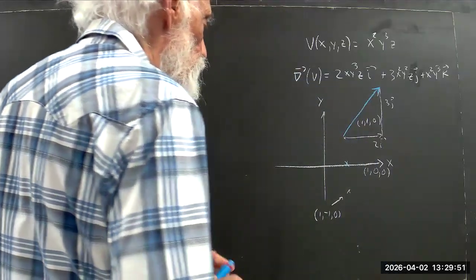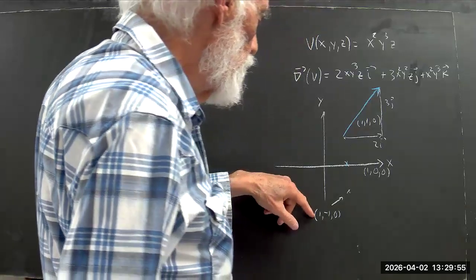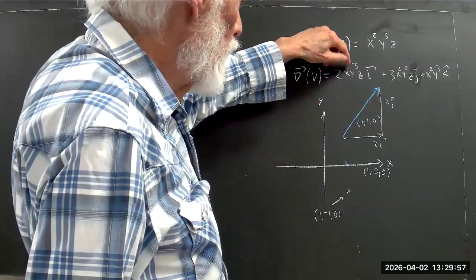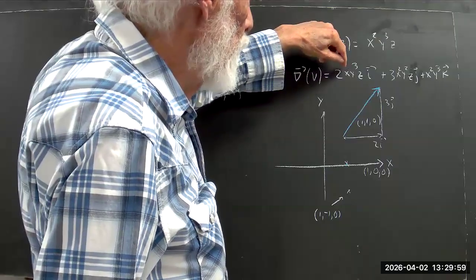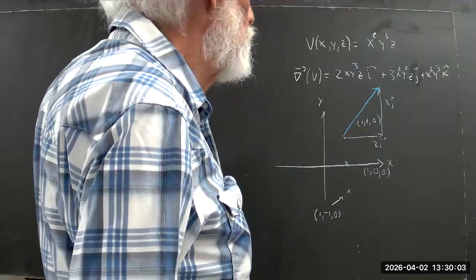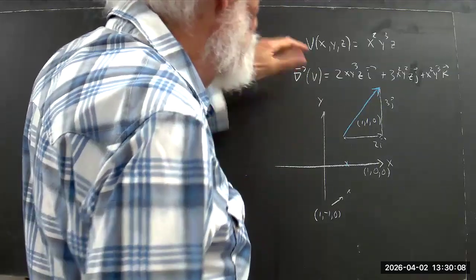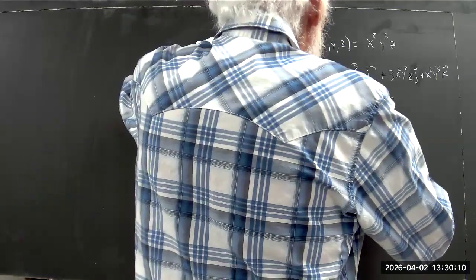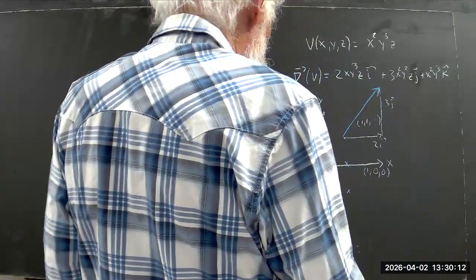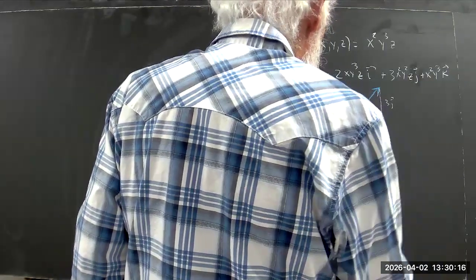Go to 1, negative 1, 0. Then what do you have? x is 1, y is negative 1. Well, you're going to have 2 times 1 times negative 1 cubed. Uh-oh. I'm saying we're in the XY plane, and I'm going to have to change my mind about that.